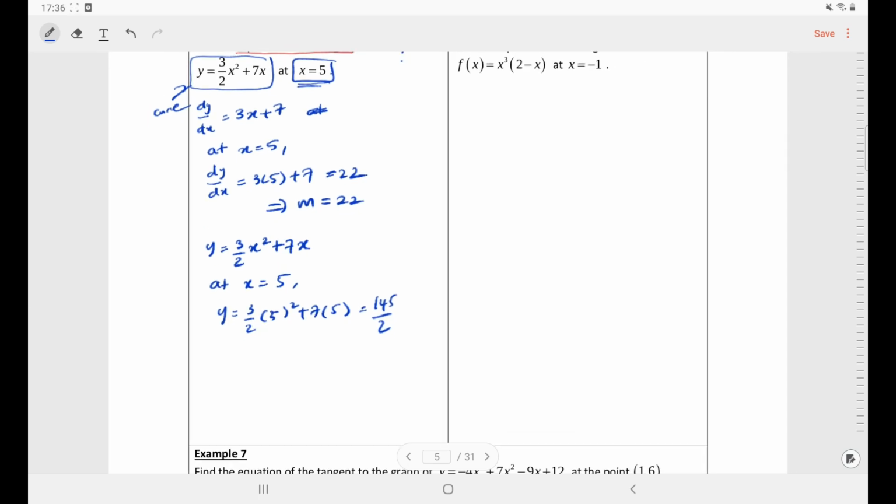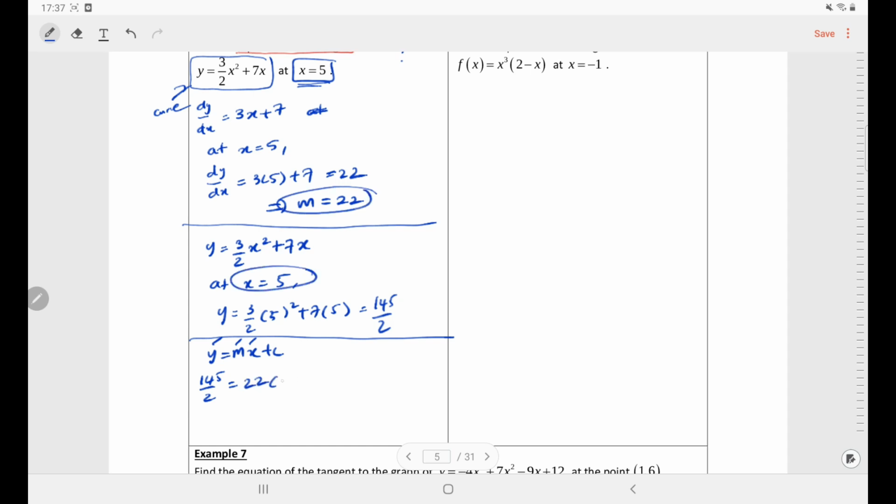So last sekali kita akan cari nilai c. Okay, how can we find c? From this equation. Okay, kita patah balik from this equation. C belum ada, M dah ada, X dah ada, Y dah ada kan. So kita gantikan 145 over 2. M tadi ialah this one, 22. Okay, X kita ialah ni lah 5.